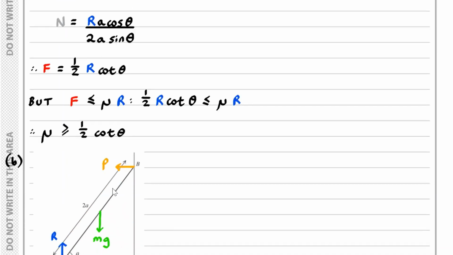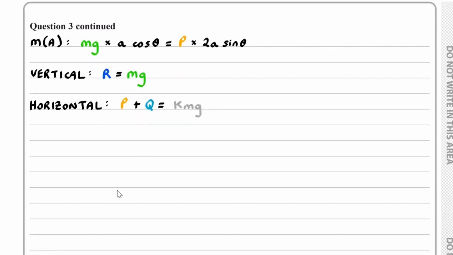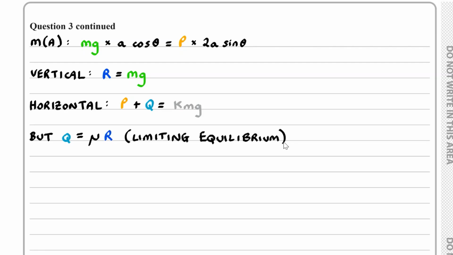And so if we are in limiting equilibrium, what we have here is Q, which is equal to mu multiplied by R. So this is for limiting equilibrium.